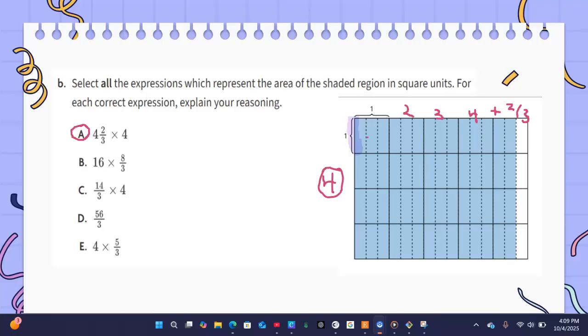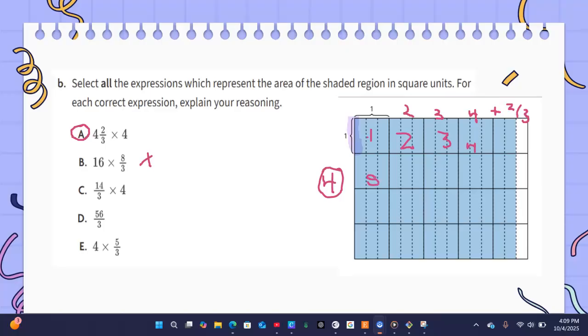Now, this says 16. Let me see if I can find 16. I see 1, 2, 3, 4, 5, 6, 7, 8, 9, 10, 11, 12, 13, 14. I don't see 16. Okay, so I'm going to say that's wrong. Let's see if we can find 16 someplace else. 1, 2, 3, 4, 5, 6.